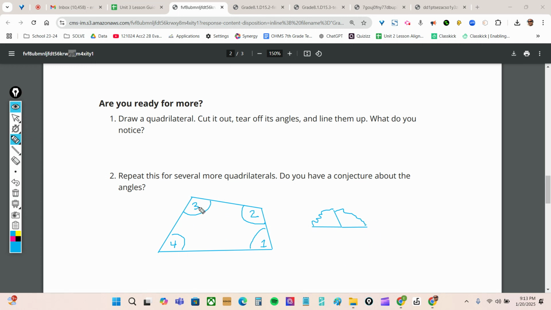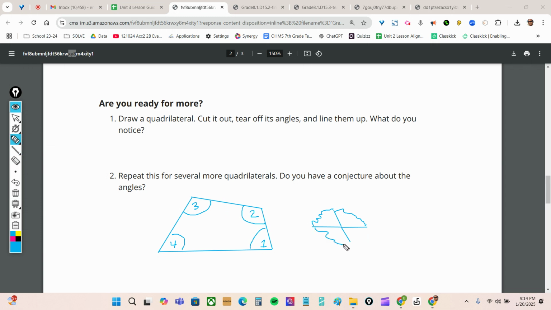It's going to be jagged because you ripped the corner off. Then you're going to take angle 3 off and try to align that with the rest of the group here. It's kind of an obtuse angle, so it's going to look something like that, because this is an obtuse angle here.